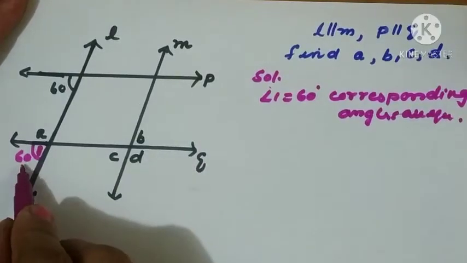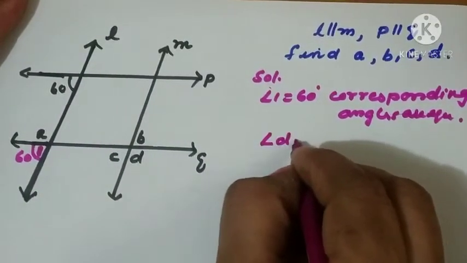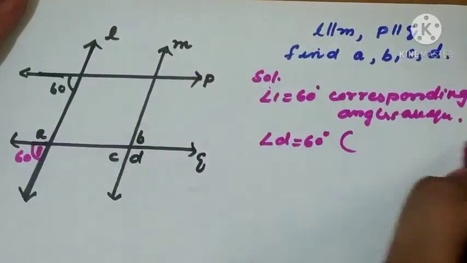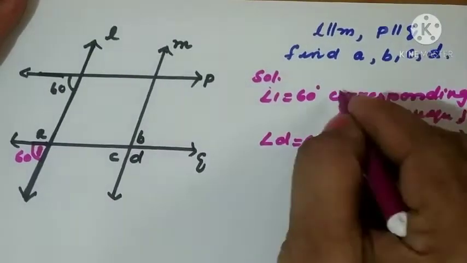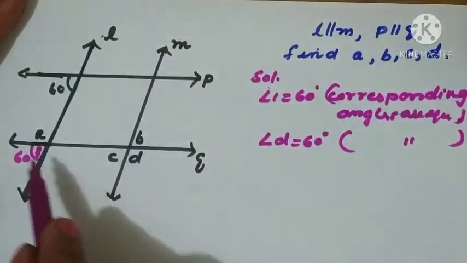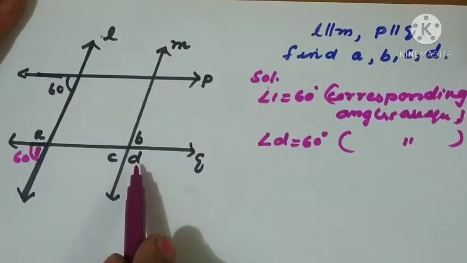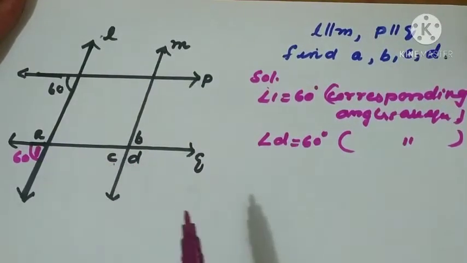If angle 1 is 60, what about angle D? Angle D equal to 60 degree. Again the same reason. See, now this time L parallel to M, Q is the transversal. Now D is 60, what about the C?